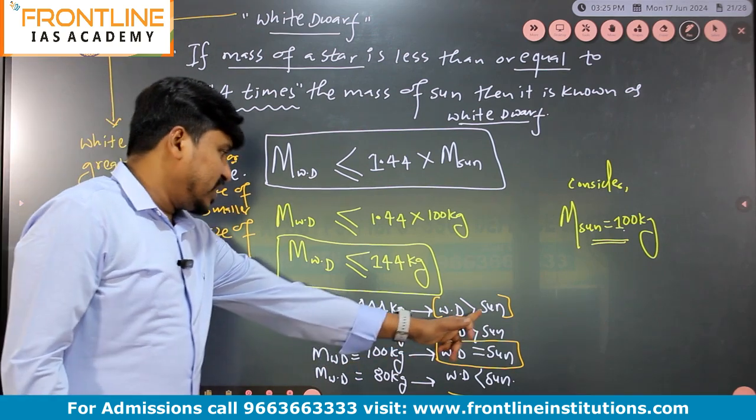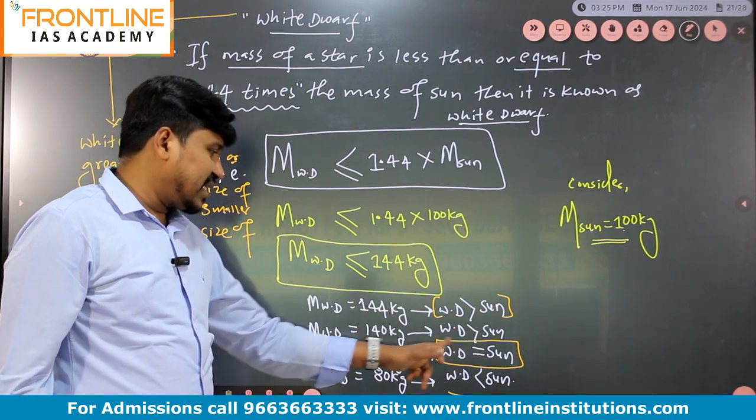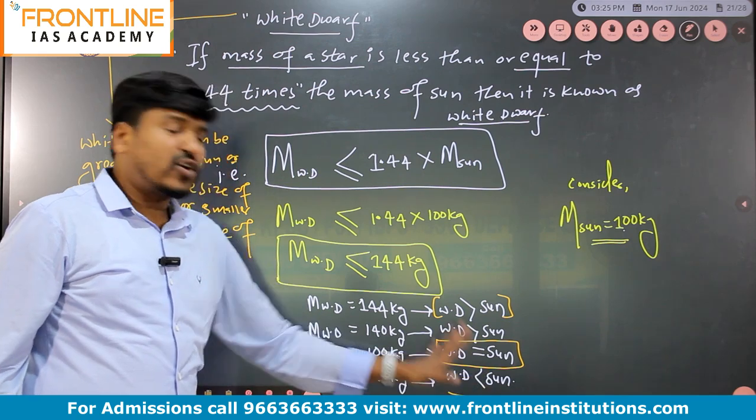Very important, right? So in this case white dwarf is greater than sun, in this case white dwarf is equal to sun, in this case white dwarf will be lesser than the sun.